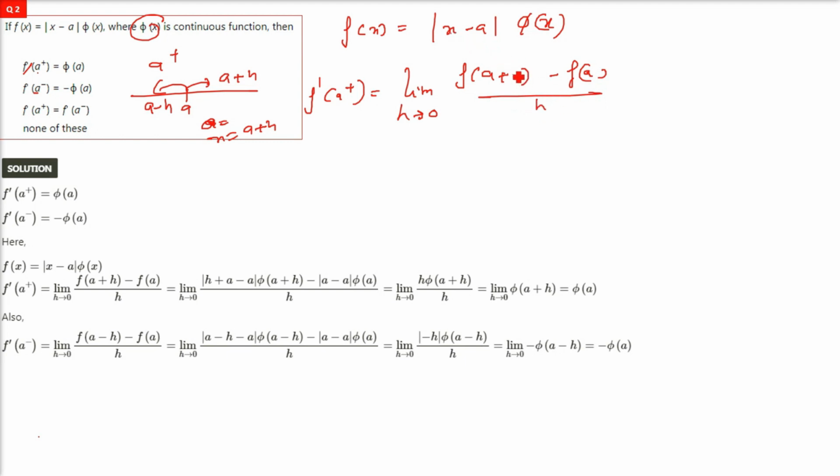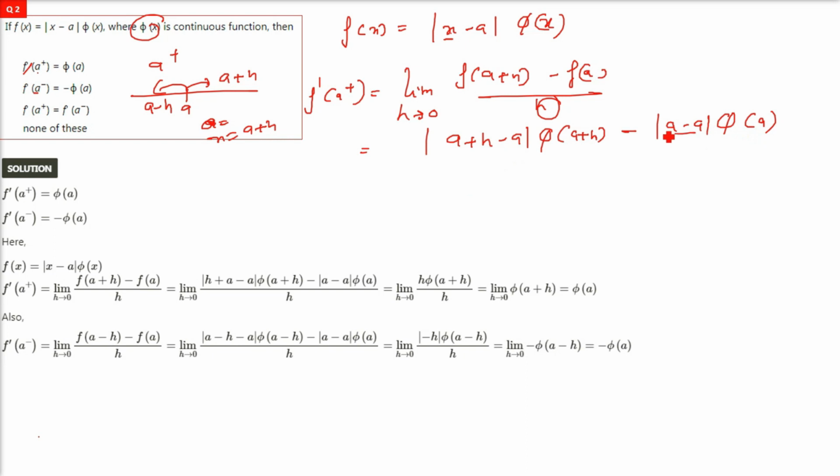Wherever x is there, just replace it by a plus h. So here we have mod(a plus h minus a) times phi(x). In place of x write a plus h, and for f(a), mod(a minus a) times phi(a), divided by h. I am not dividing yet, we'll just solve the numerator and then we'll see.